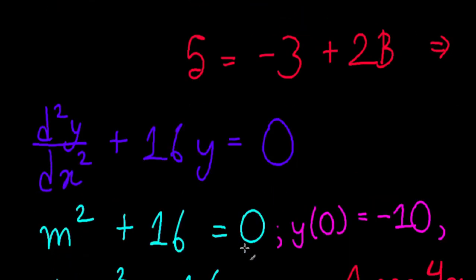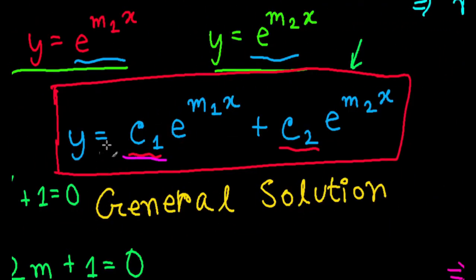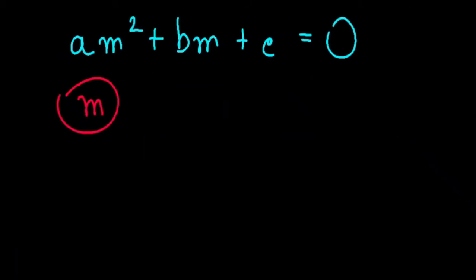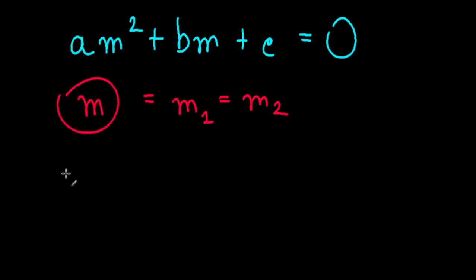Let's try to plug that into our general formula for second order linear homogeneous differential equations. This one. Let's say that m is basically m1 and that's basically m2. Both the roots are the same. So we'll just plug those into our solution equation.